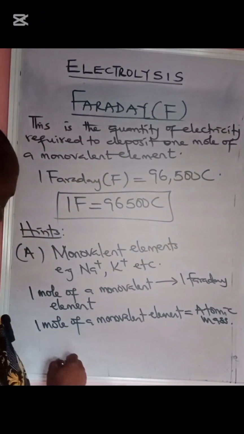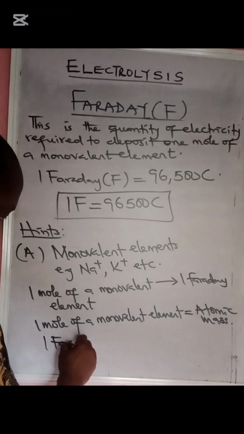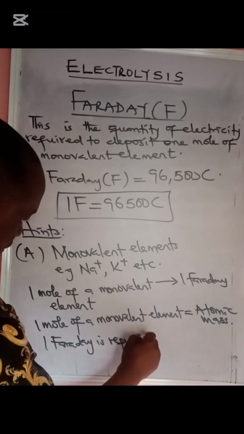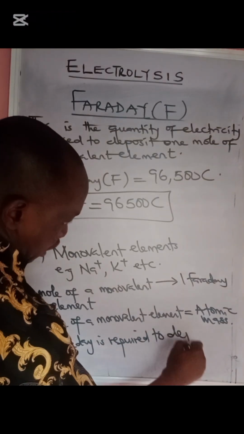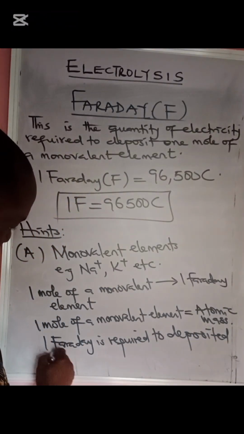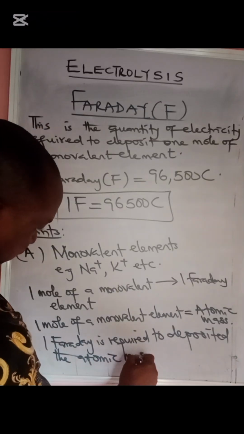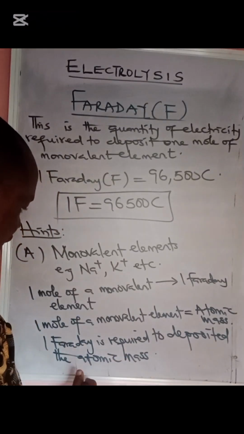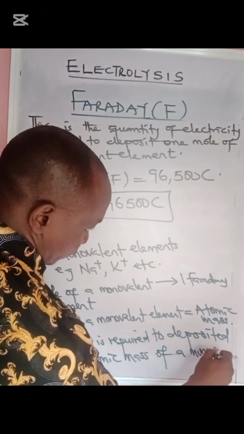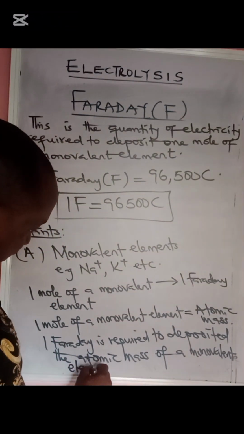So therefore we can say 1 Faraday is required to deposit the atomic mass of a monovalent element.